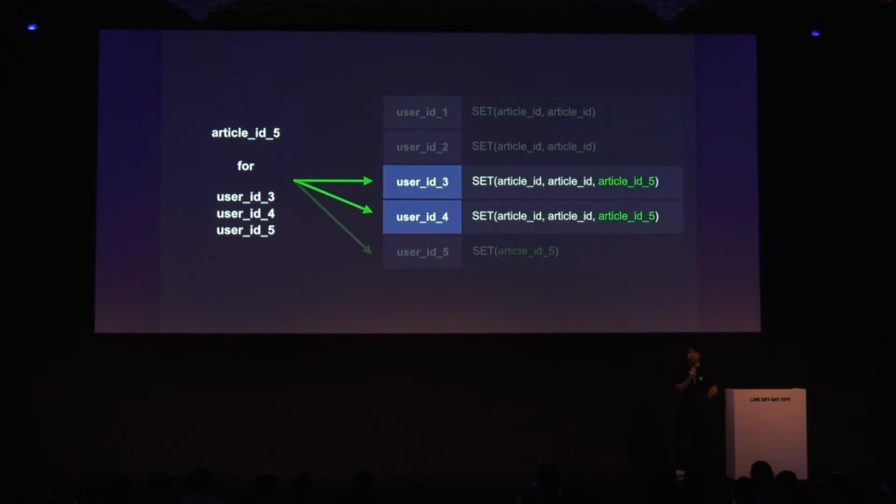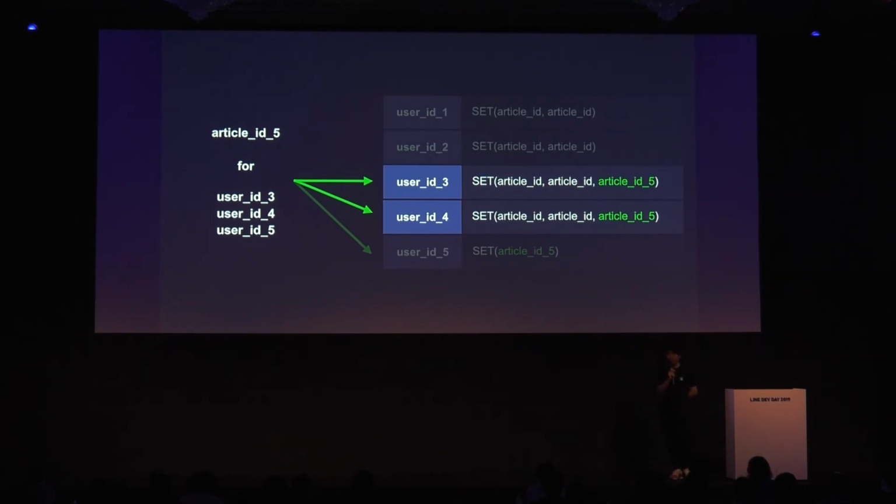However, if you have users with some recommendation already set, within the existing value set, that new article ID has to be inserted. This operation can be done quite easily, but you have to repeat it for the number of users who would receive these recommendations, which is quite complex.